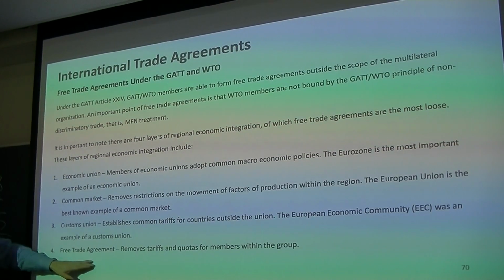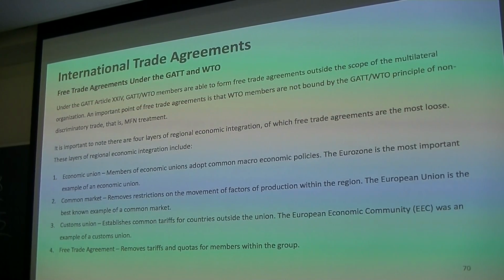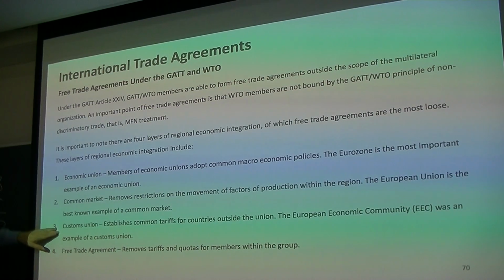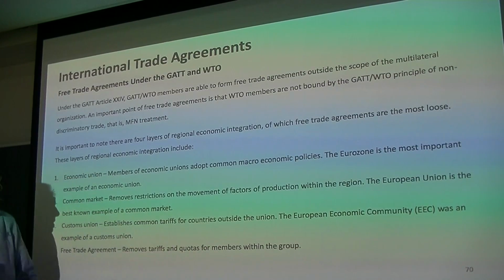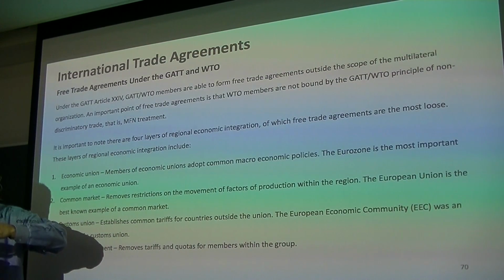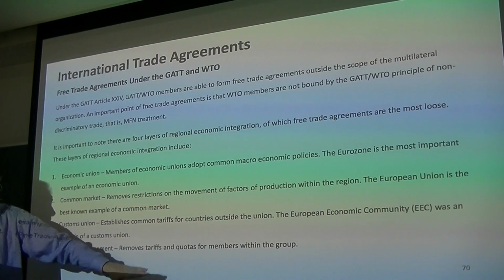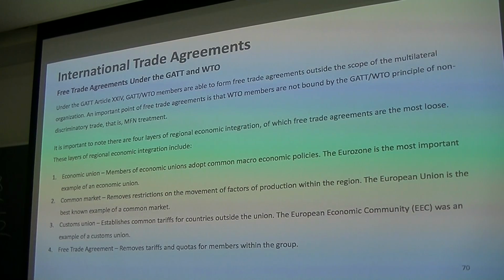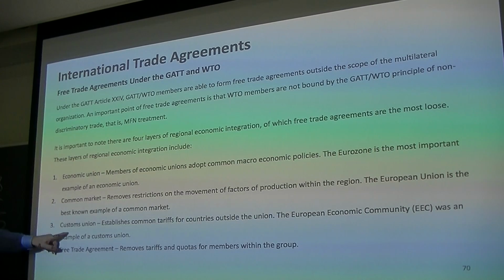It removes tariffs and quotas for members within the group, and that's all it does. A customs union establishes common tariffs for countries. So for countries within the union, you have common tariffs for countries that are outside the union. And the European Economic Community, the EEC, initially was a customs union.